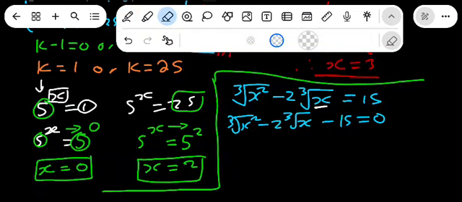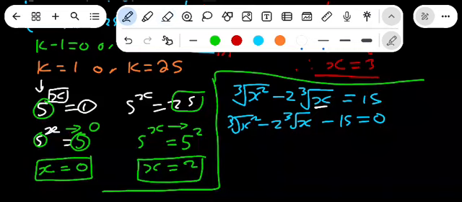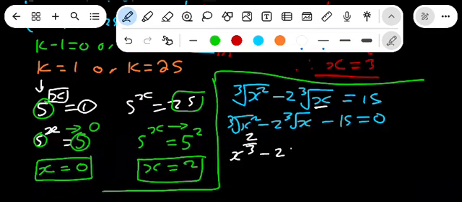So let's try to make this become in the form of a quadratic. This will be x raised to 2 over 3 minus 2 multiplied by x raised to 1 over 3 minus 15. This will be equal to 0.